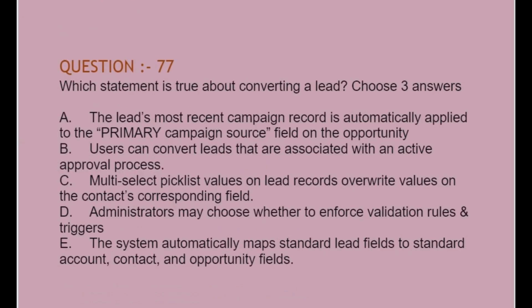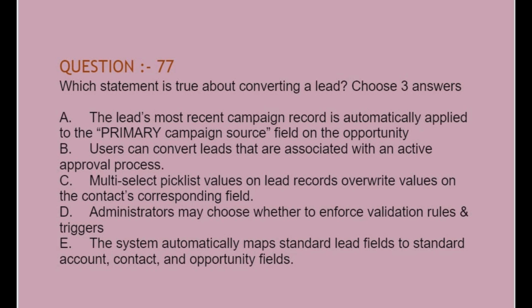Question is, which statement is true about converting a lead? Choose three options. Option A, the lead's most recent campaign record is automatically applied to the primary campaign source field on the opportunity. Option B, users can convert leads that are associated with an active approval process.